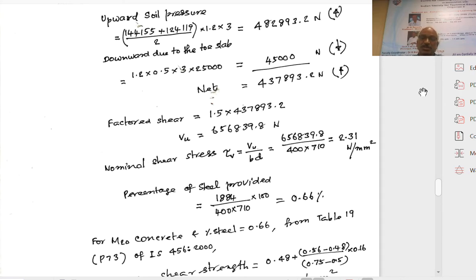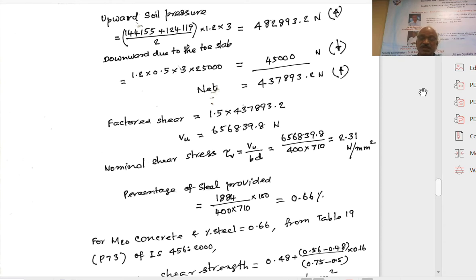So what is the allowable shear stress? Allowable shear stress depends upon the grade of concrete and the percentage of reinforcement. The percentage of reinforcement is: we have provided 1884 mm square by 400 into 710. So for an area of 400 into 710, if the area of steel is 1884, what is the value for 100 As by bd?